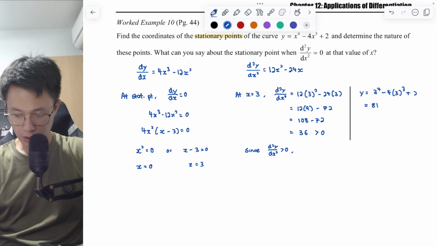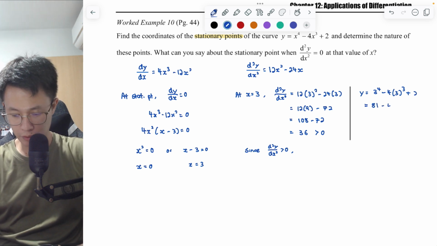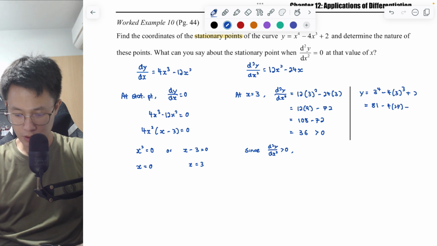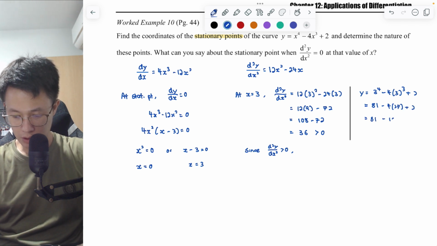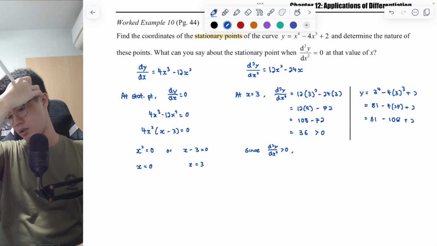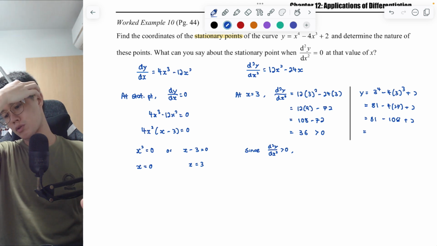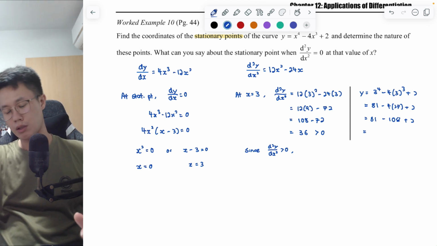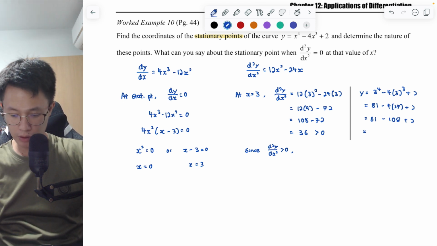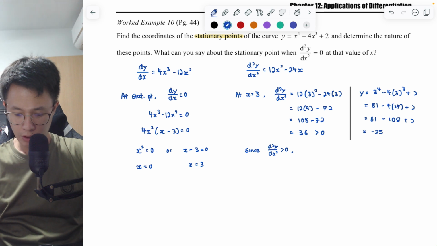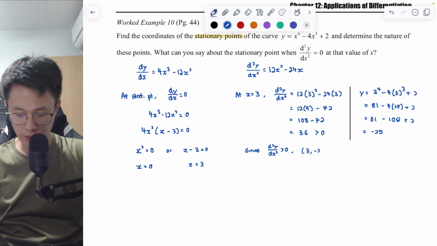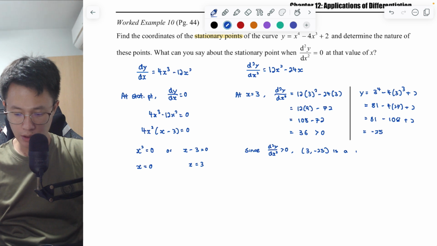So this is 81 minus 4 times 27 plus 2, which is 81 minus 108 plus 2, giving negative 25. So we can say (3, -25) is in this case a minimum point.